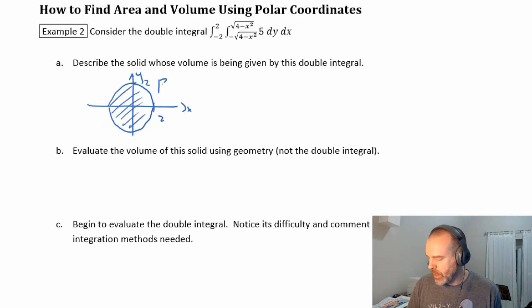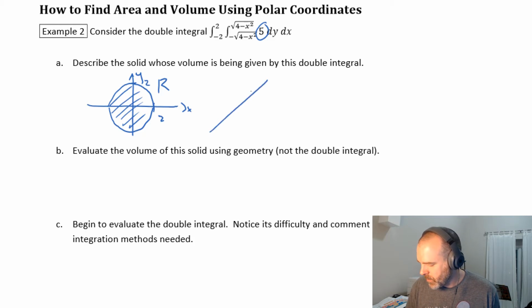So here's the region R that we are integrating over, and if the function is 5, what we really have is a cylinder, up at 5. That does not look like a circle. A little bit more like a circle.